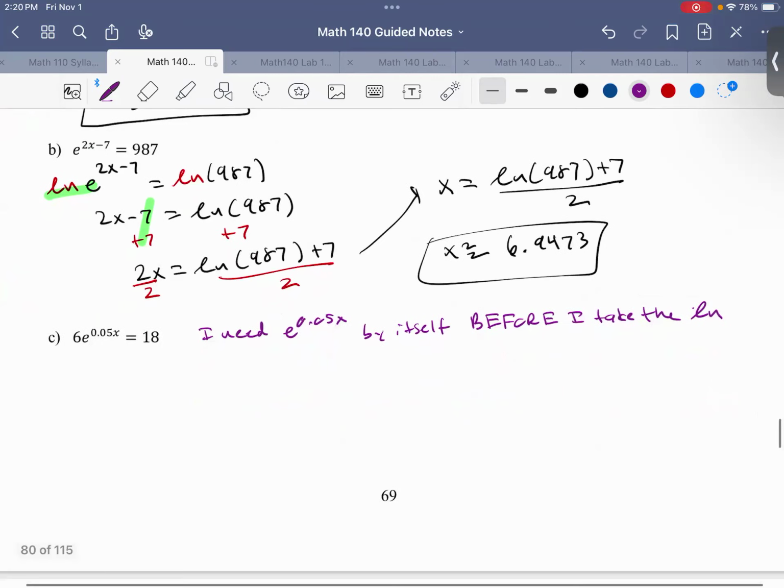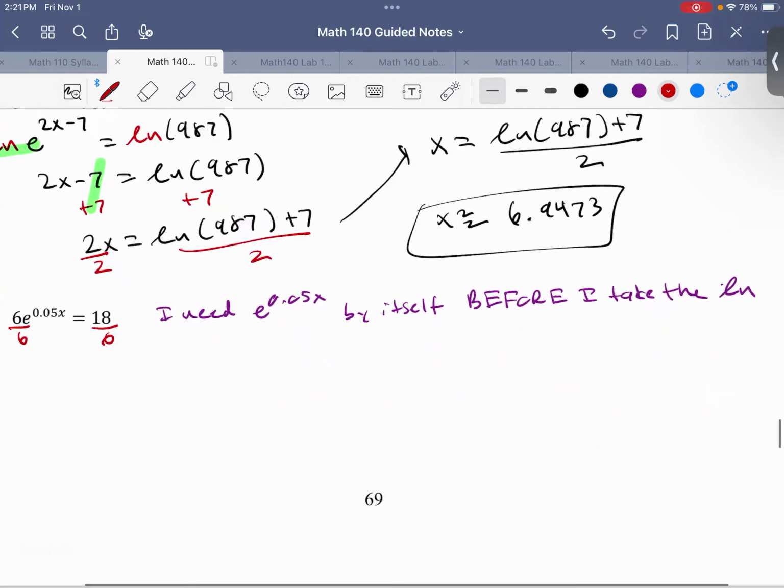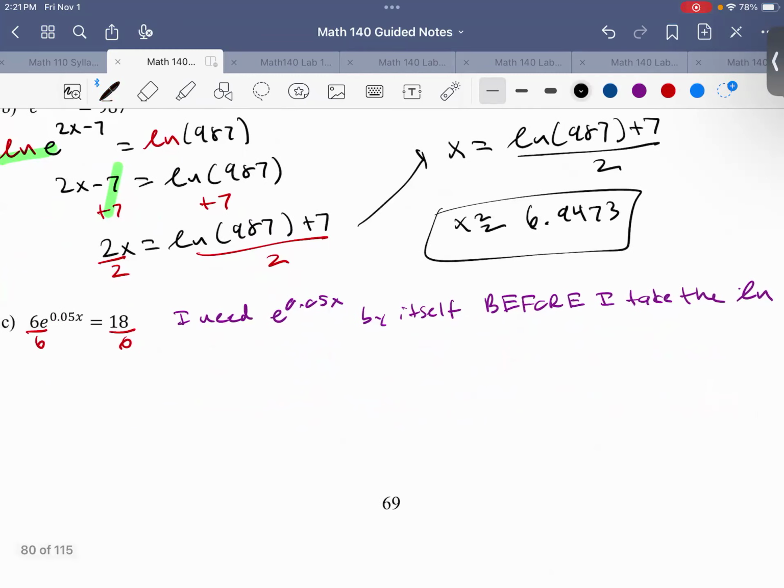So in order to do that, I need to divide both sides by 6. So what I end up with is e to 0.05x equals 3. 18 divided by 6 is 3. Let me write this.